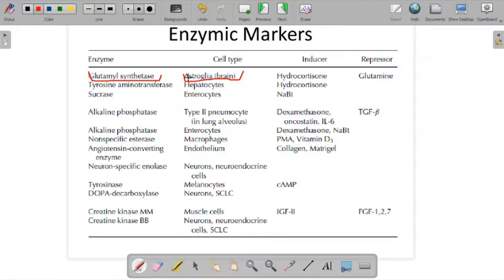See, suppose this is the enzyme. Now what is a marker? Suppose I use hydrocortisone as a marker protein, and I make an antibody which particularly binds this hydrocortisone molecule. If I isolate a blood sample, of course these inducer and repressor molecules are present in the blood.